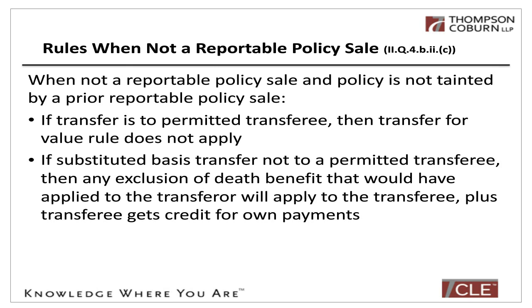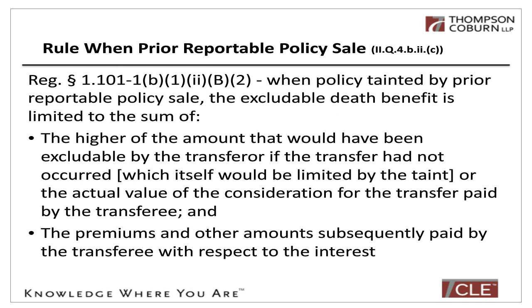Next slide. If you have a prior reportable policy sale, then you're tainted forever, and the statute gives no exception whatsoever. I wrote a comment letter to the government, saying, please, pretty please, with sugar on it. People make mistakes in estate planning all the time.